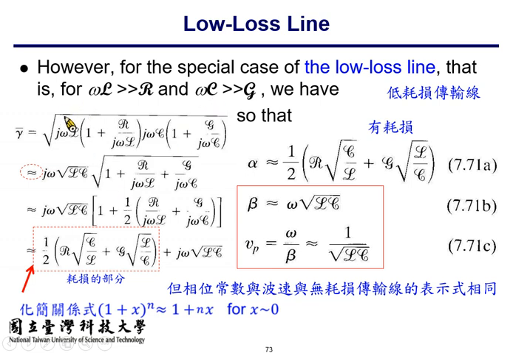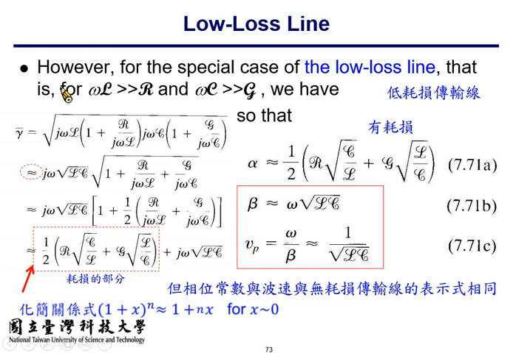If you take the j omega L part and j omega C part out of the small brackets, you have this: 1 plus R over j omega L and 1 plus G over j omega C. Now the product of the two terms in small parentheses will end up in 4 terms, right?